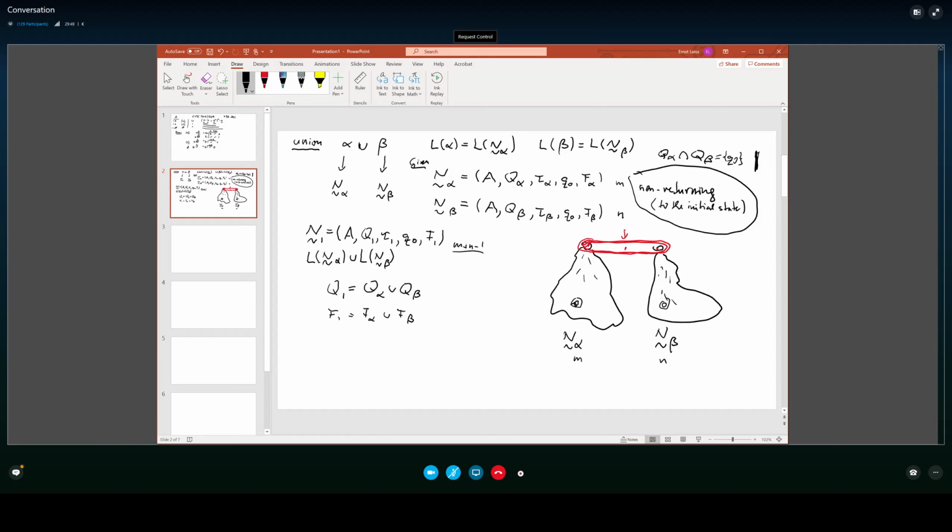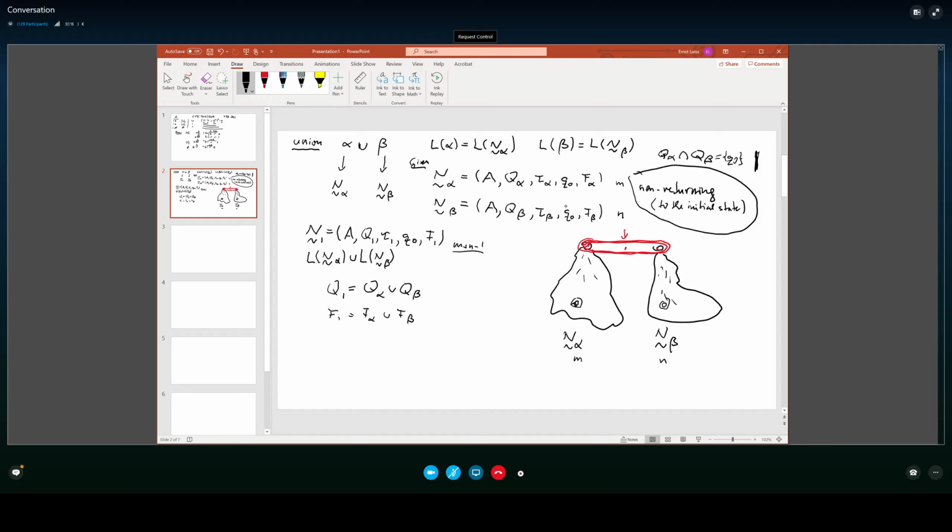The reason that you fuse the two initial states, could you explain that again? Is it just because we only ever have a single start state? Correct. Okay. That's what it is. And of course, we want that single initial state to allow us to initiate paths that either end up in a final state of N sub alpha or a final state of N sub beta.